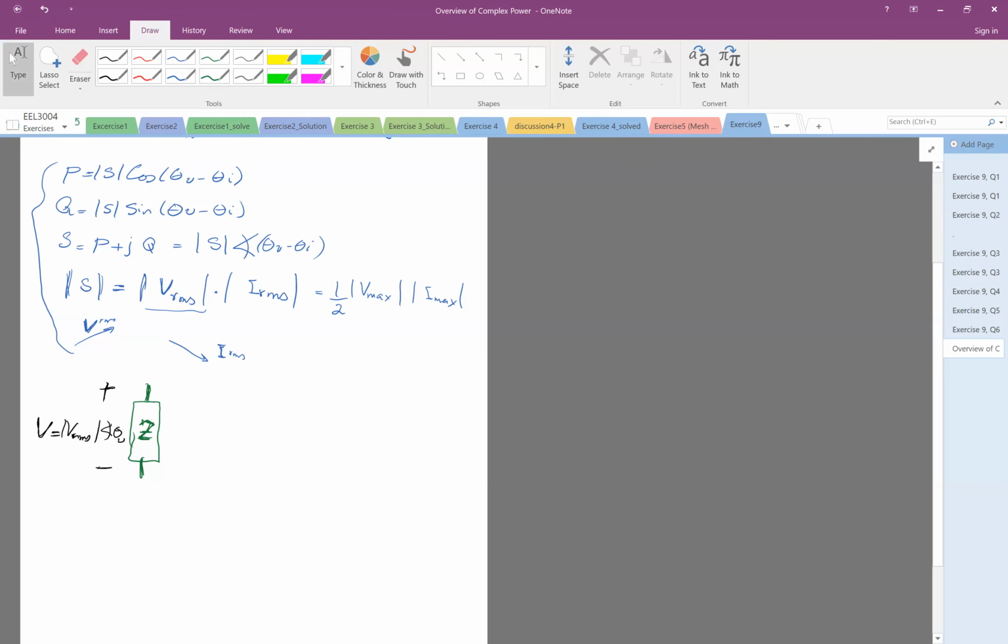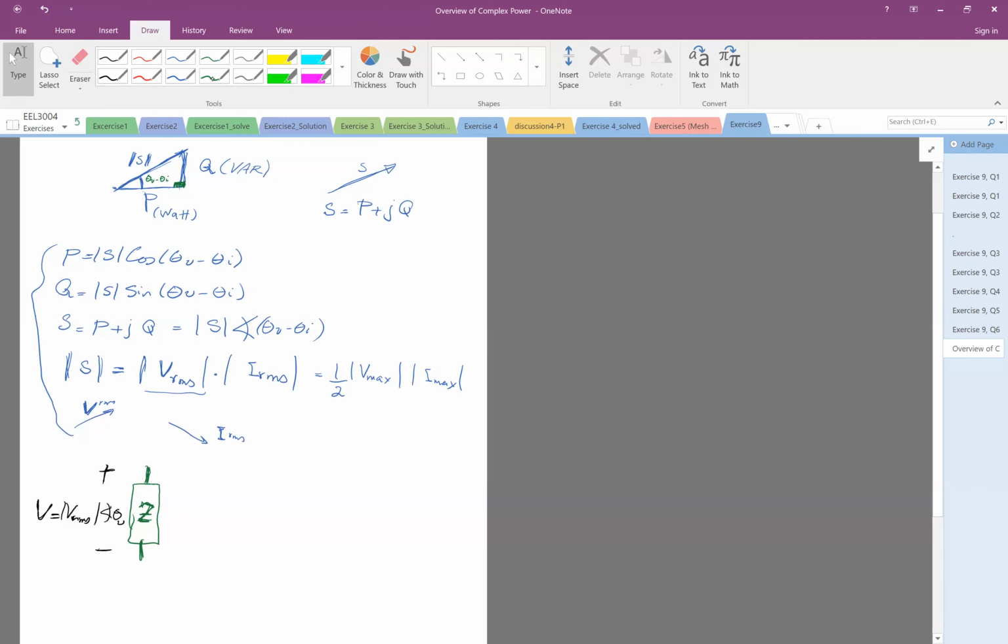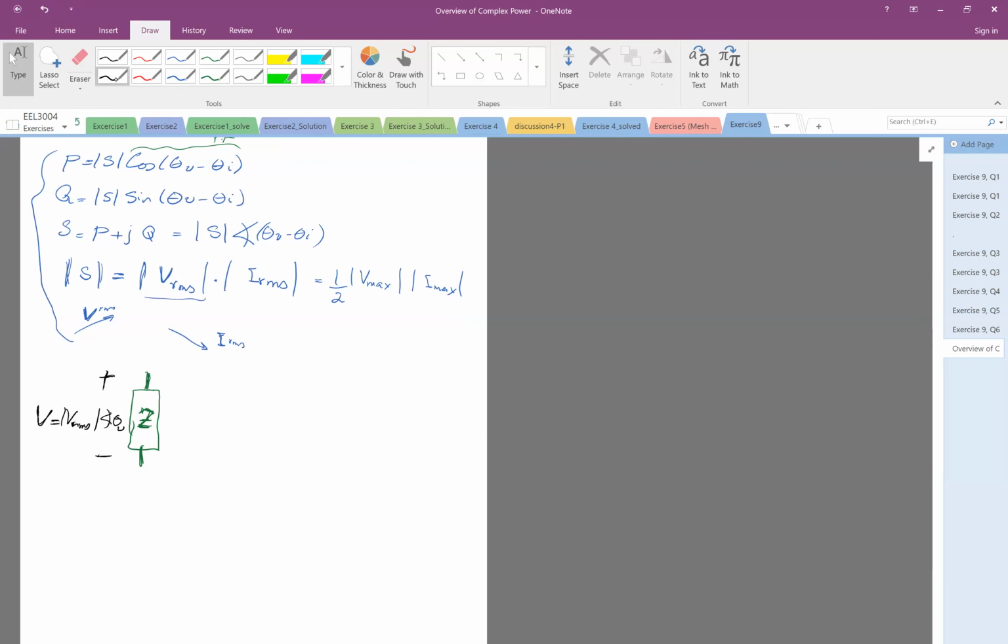By the way, this cosine of theta V minus theta I is also called the power factor, as you know. So let's say some information in this triangle is given, and we would like to find I. This includes finding the magnitude of the current in terms of RMS and the phase of the current, which is theta I. So this is what we need to find out, given the information.